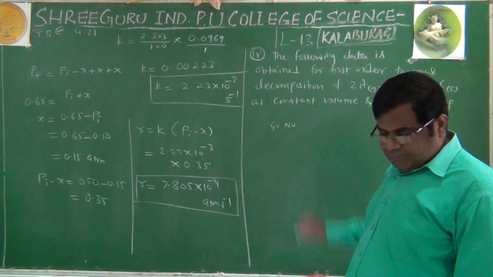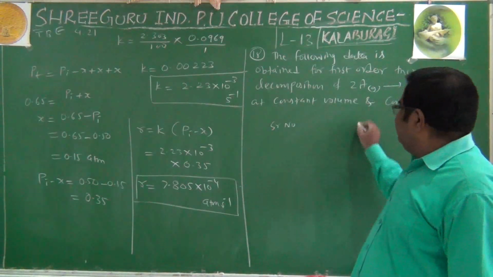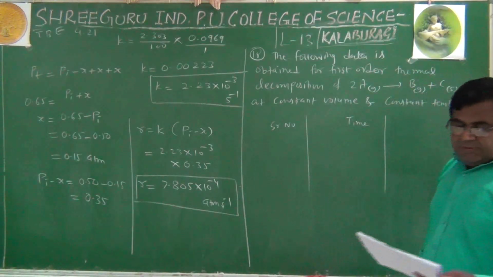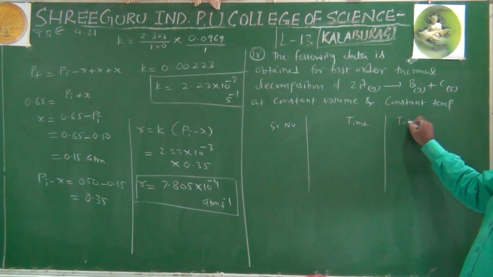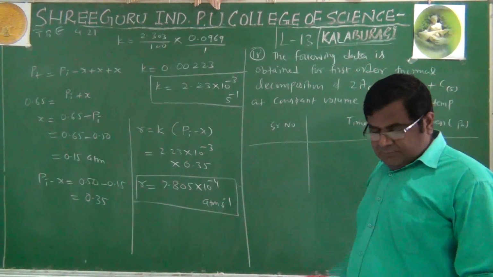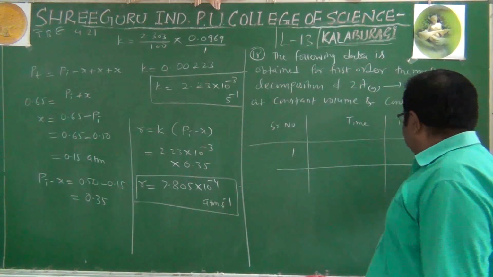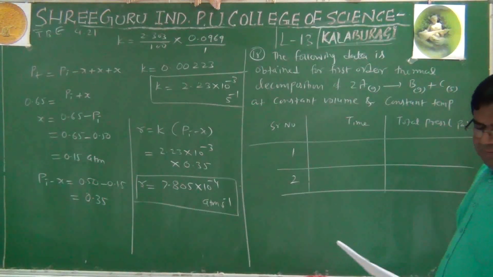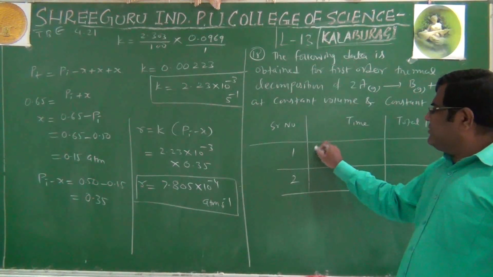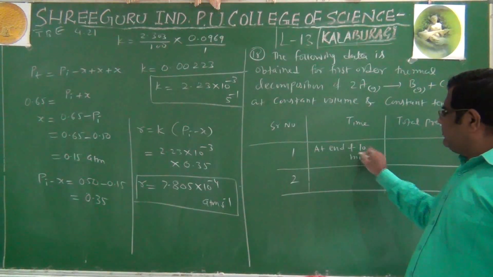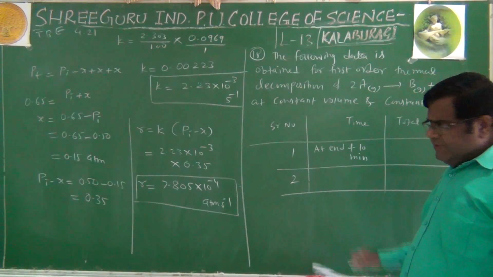Serial number, time, and total pressure. The total pressure is in Pascal. This is 1, this is 2. The time is at the end of 10 minutes, and another time period they have selected after completion.